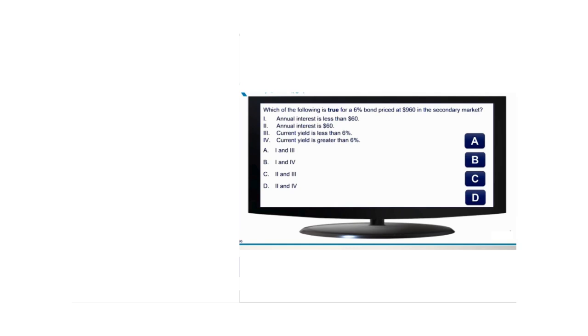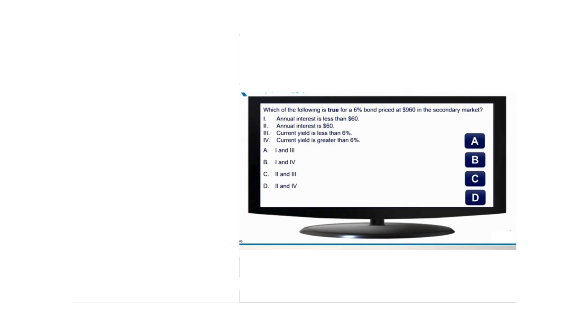Or 4, current yield is greater than 6%. Uh-oh, multiple correct choices here. So is it A, is it option 1 and 3? Is it B, options 1 and 4? Is it option C, which would be 2 and 3? Or D, which would be 2 and 4?